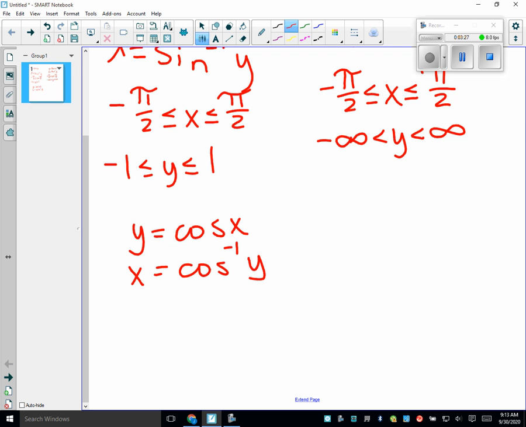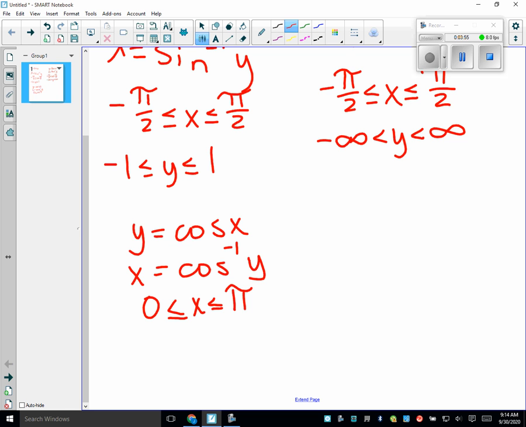Is there a difference between inverse and arc? No. Okay. I didn't think so. For x, it is now between 0 and pi. It is quadrant 1 and 2.